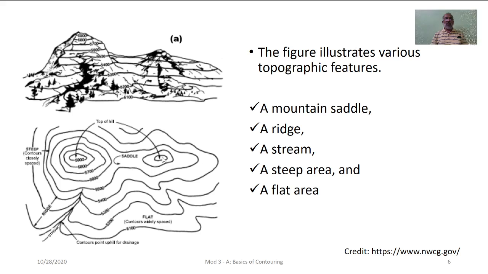Hence, in between these two peaks, the feature seen here is nothing but a saddle. So as we compare this particular situation, we can easily identify saddle, ridge, stream, steep slope, flat area, etc., as we develop some expertise in reading contour maps.